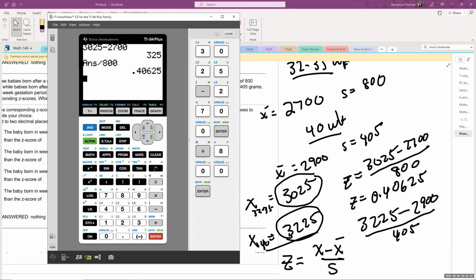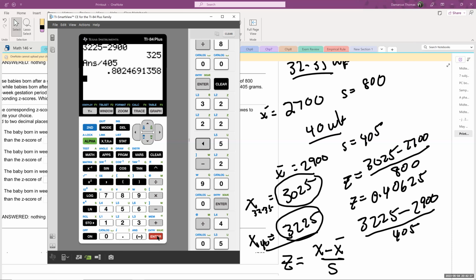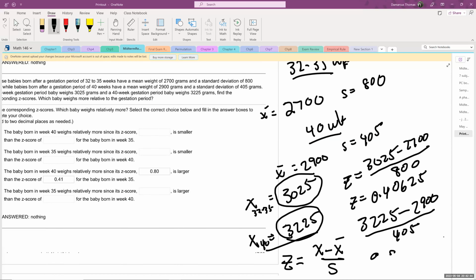That's really going to change the values a lot. So now we've got 3225 minus 2900. Divide that by 405. And we're getting a z-score of 0.8 something.